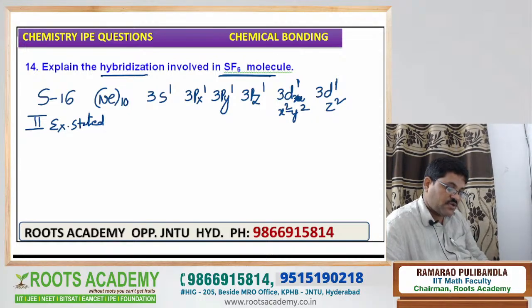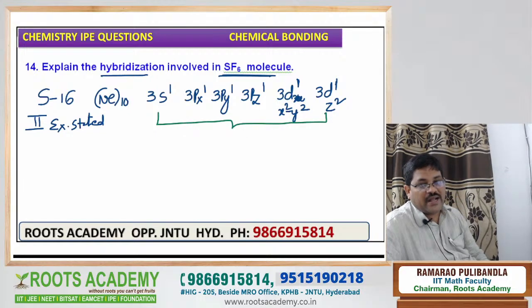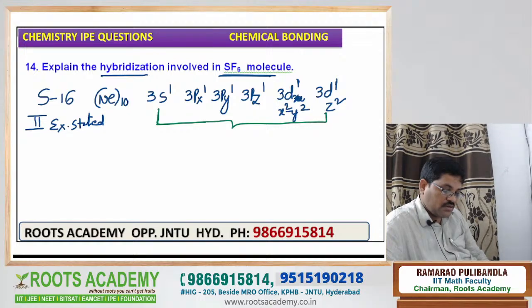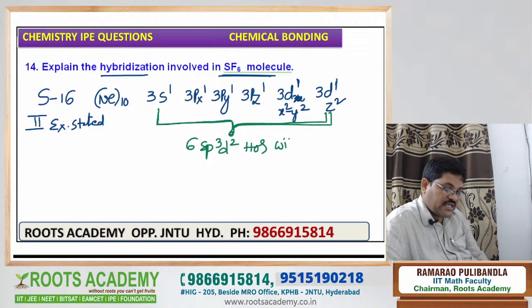In the SF6 molecule, 1 s-orbital, 3 p-orbitals, and 2 d-orbitals are head-on combined and form 6 sp3d2 hybrid orbitals with single electron each. Understood?